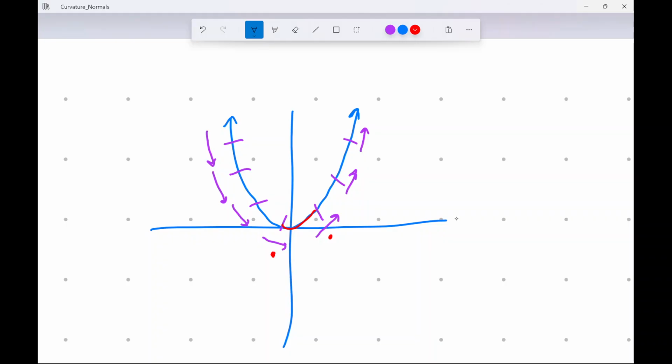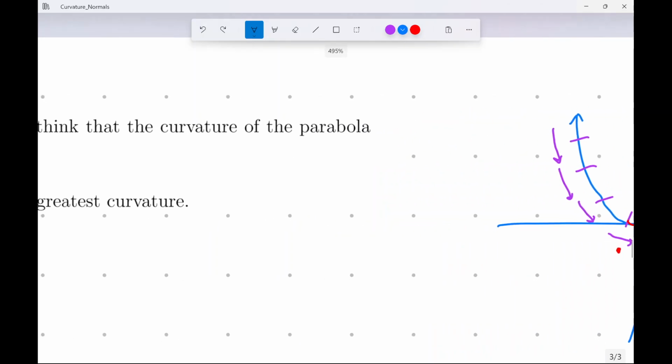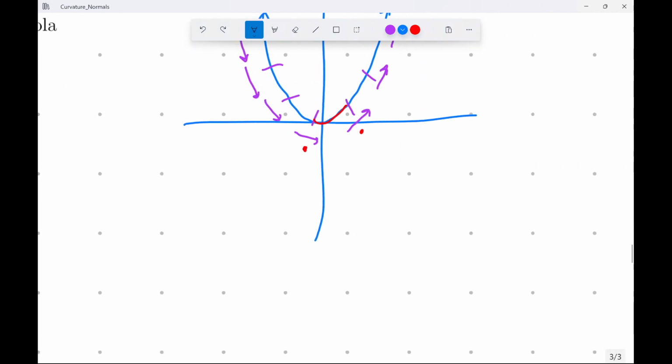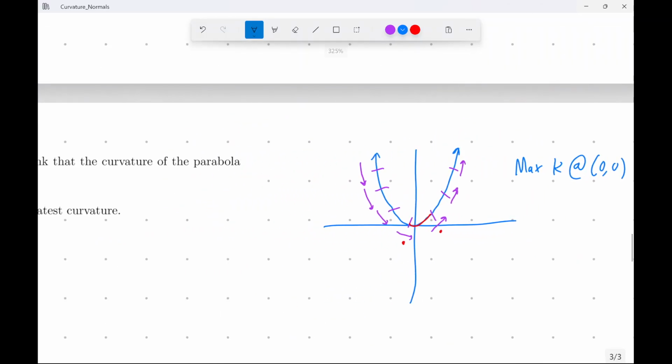And just because there's this really cute point here at the origin, which is sort of the symmetry point for a parabola, I'm going to say that it's at the origin. So I'm going to put this over here. Max kappa at 0, 0. That's what my guess is.